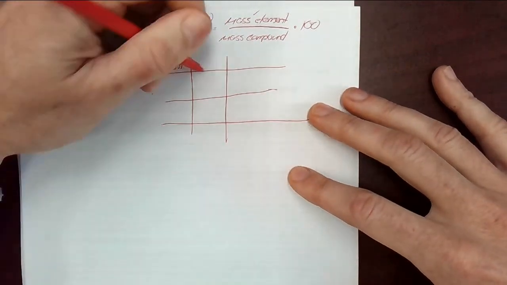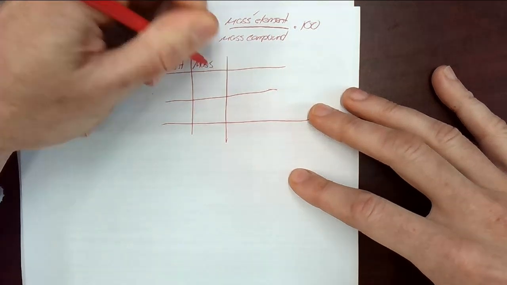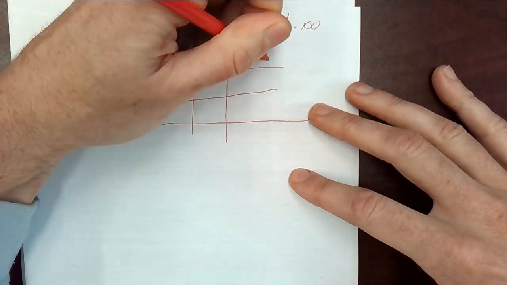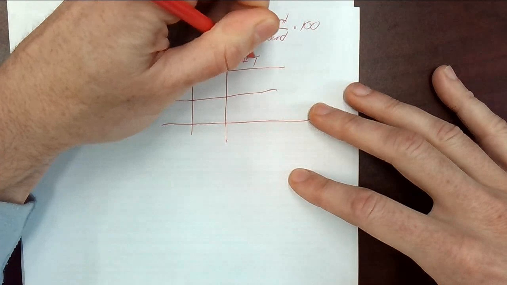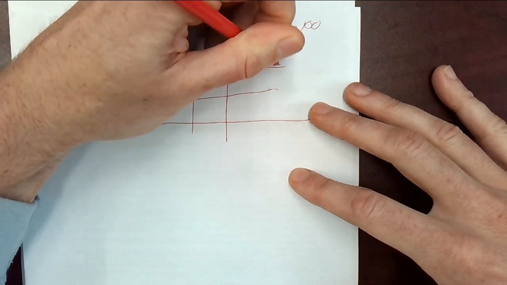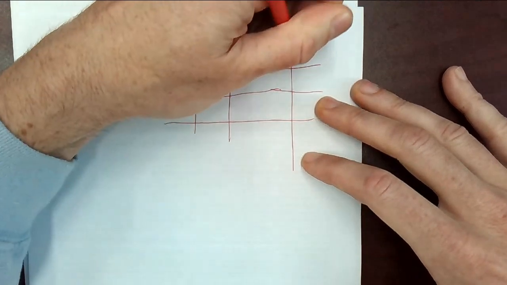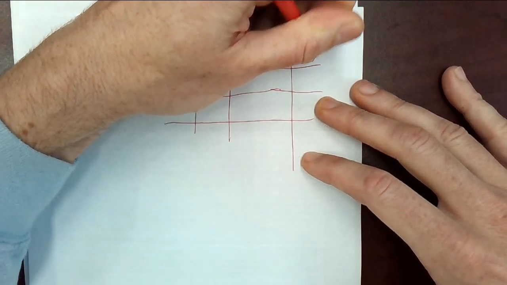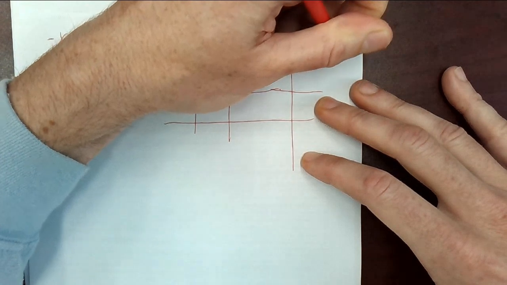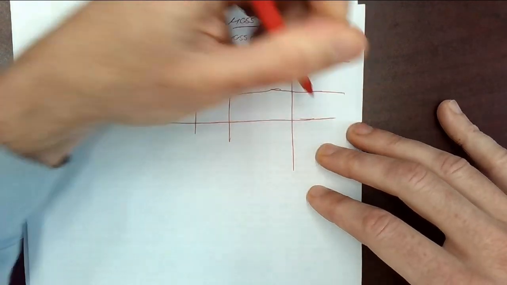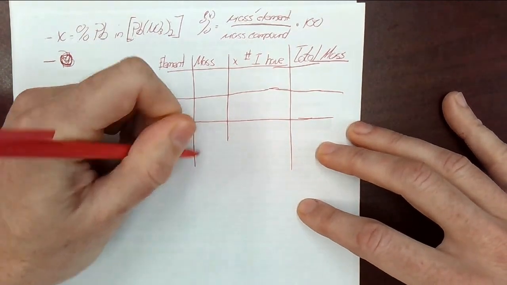So elements, and then mass, and then the number that I have. So I'm going to multiply that. And then over here you have the total mass of that particular element. And then we're going to add all those up.